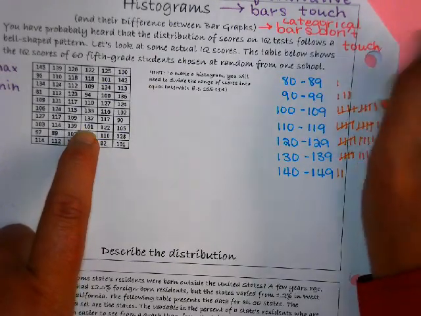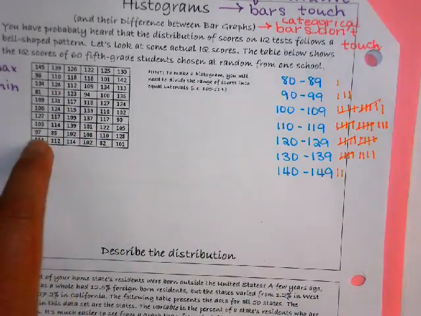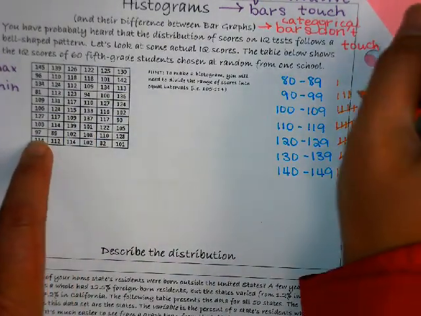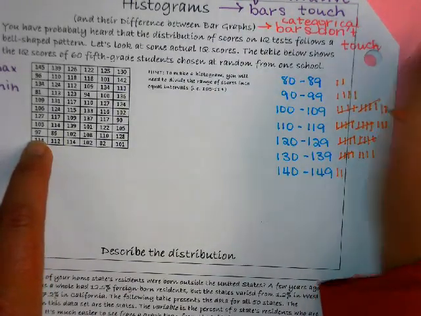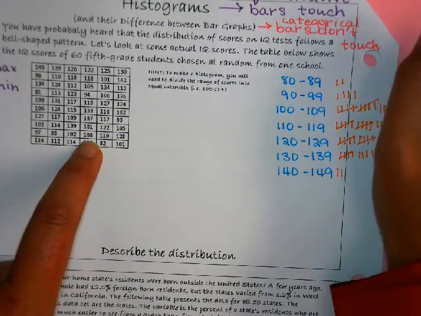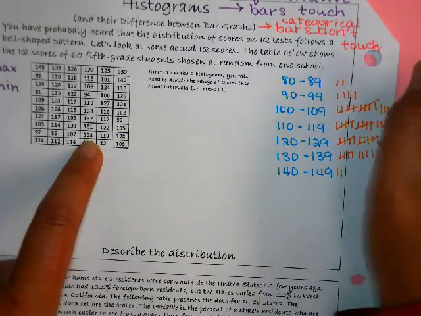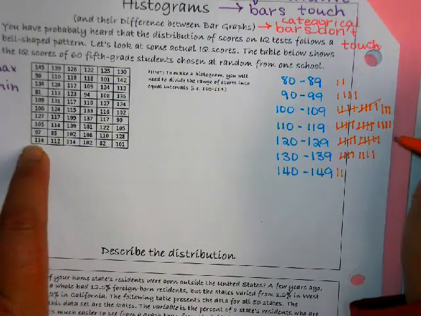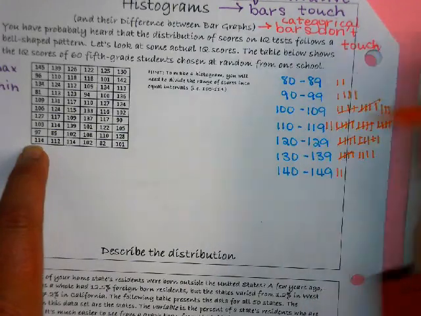I may be off by one. 97, 89, 102, 108, 110, and 128. 114, 112, 114, 102, 82, and then 101.